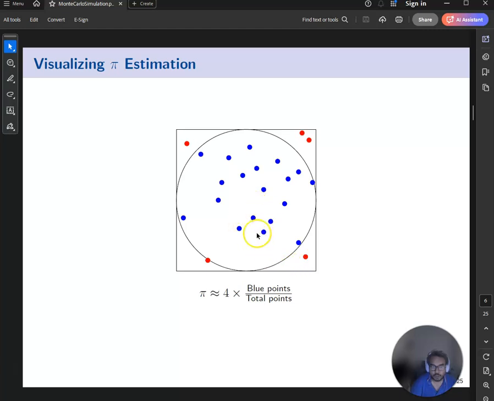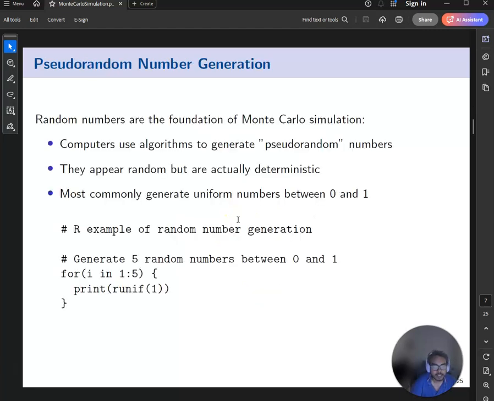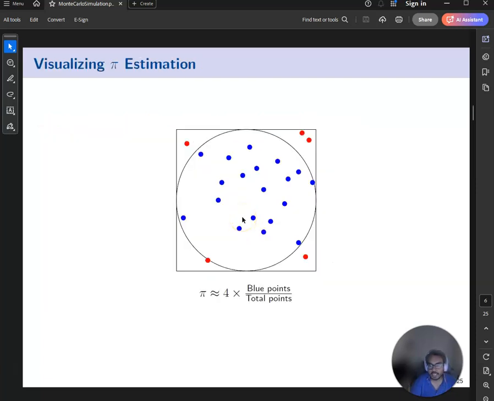So the number of blue dots divided by the total number of points is approximately equal to pi over 4. And in the code, we will show that as you increase the number of points you throw inside, the accuracy of your estimation increases.